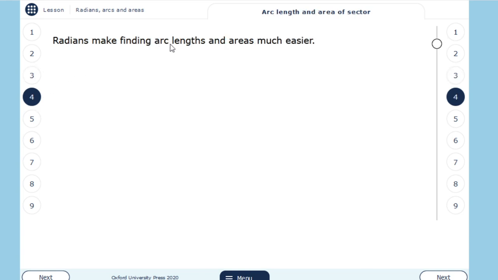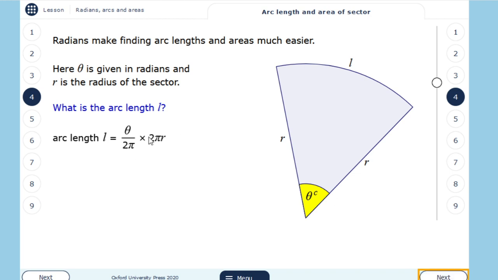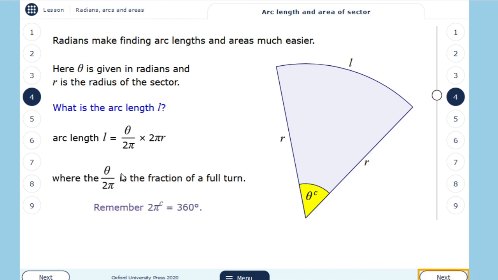Radians make finding arc lengths and areas much easier. Why? Here is a theta given in radians, and r is the radius of the sector. How much is the arc length L? Arc length L is theta over 2π times 2πr, where theta over 2π is the fraction of the full turn.